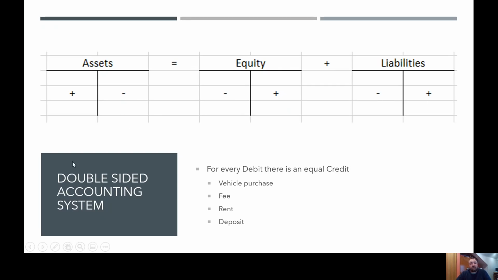So then we've got the principle that we call the double-sided accounting principle. So basically what it comes down to, for each transaction, any transaction in the world, there's two legs. There's always a debit leg and there's a credit leg. There's always two things that happen.